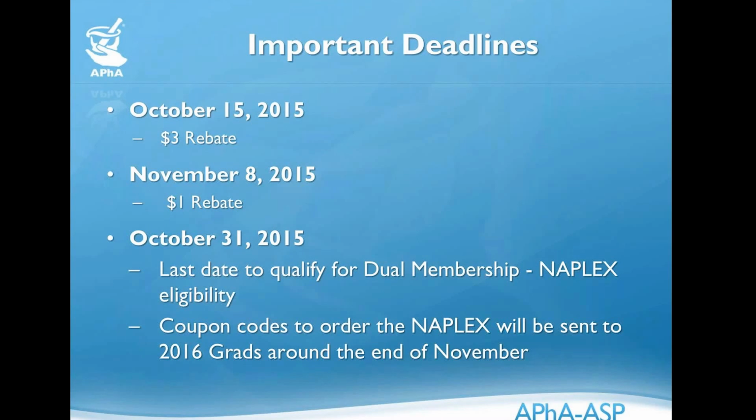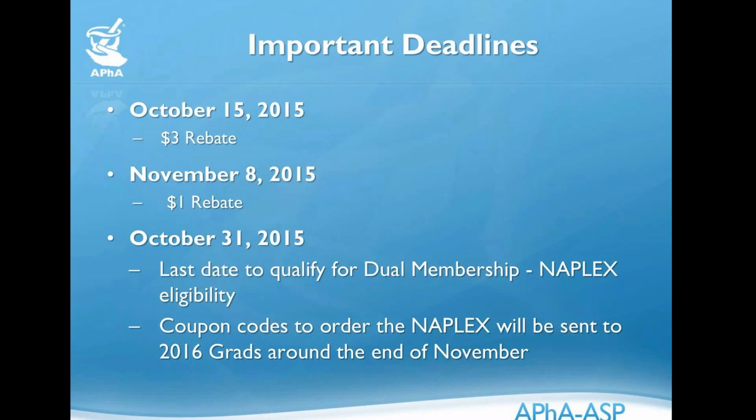So our fall membership drive is going to be underway very, very soon. And if possible, you want to sign up as many members as you can by that October 15th deadline. If you do, you're going to get an additional $3 rebate per person that joins your chapter from APhA. So not only do you get the dues from that person, but you get an additional $3 back from APhA.